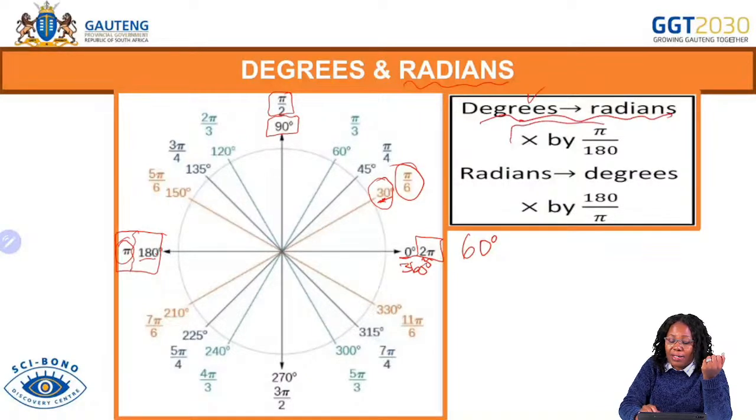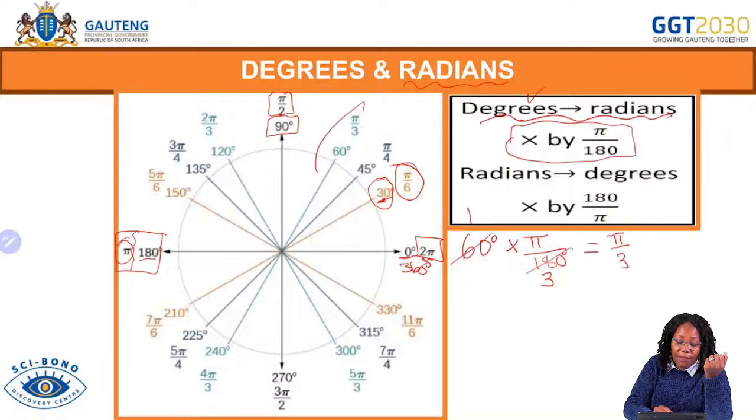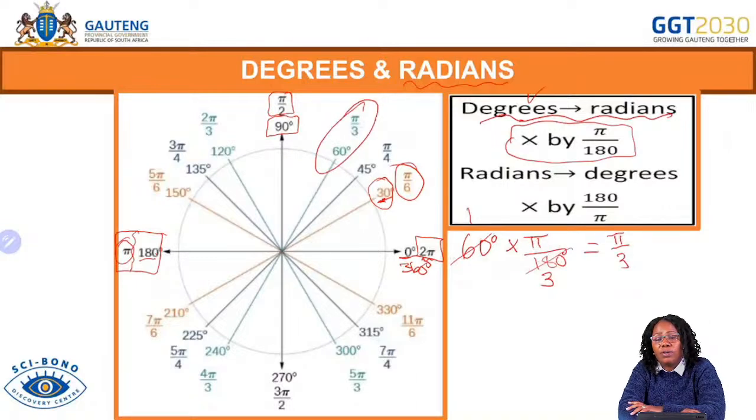You must multiply your degrees by pi over 180. Therefore 60 goes once there, and 6, 12, 18, it goes 3 times into 180. Can you see now you are left with pi over 3 there? Hence, we have 60 degrees equal to pi over 3. So that is how you change that.